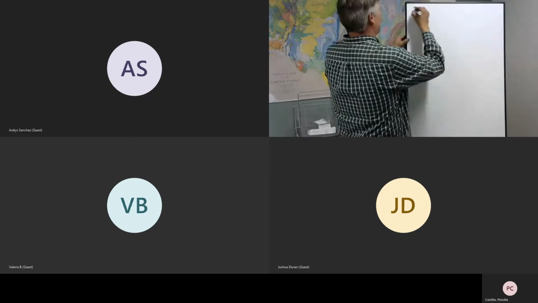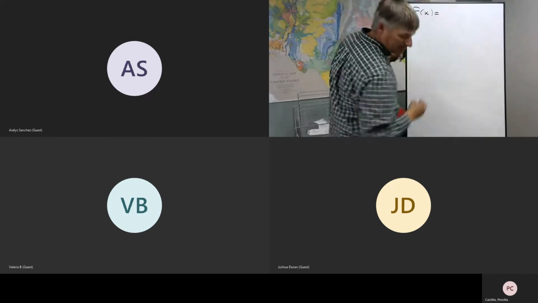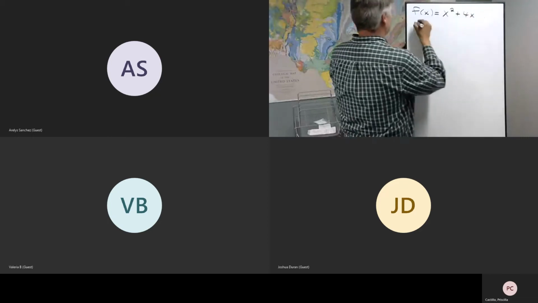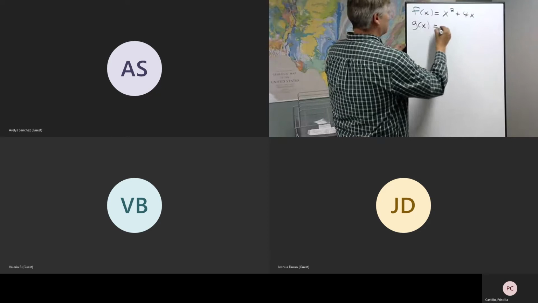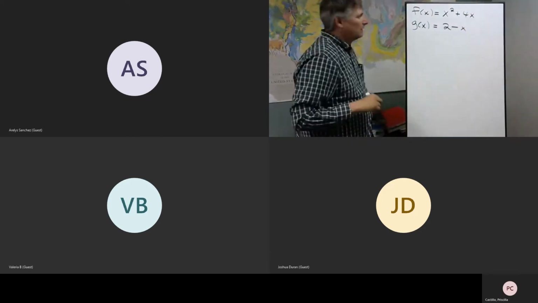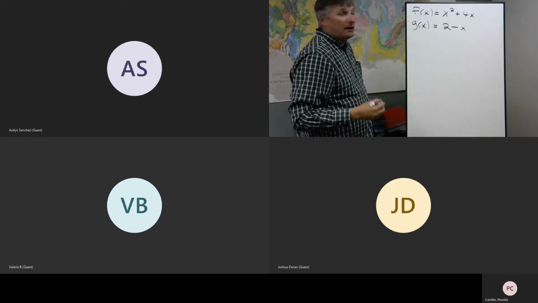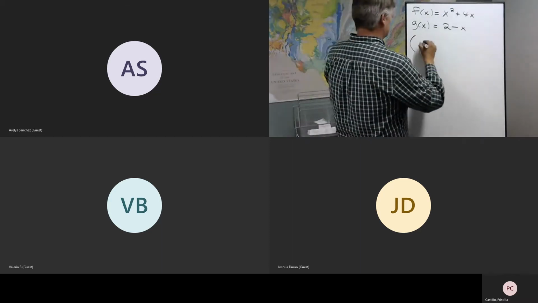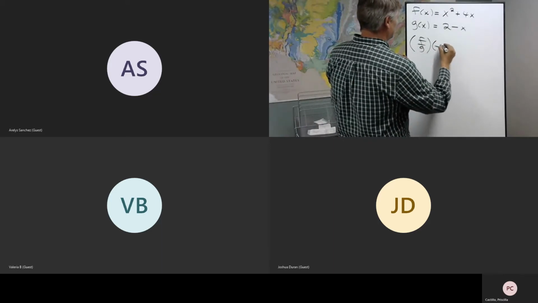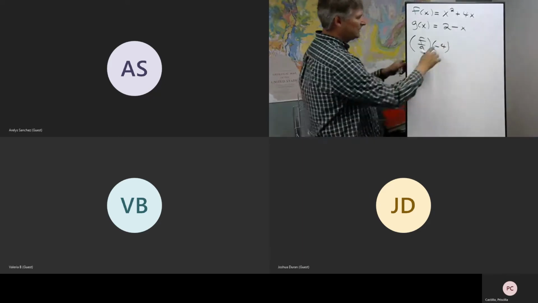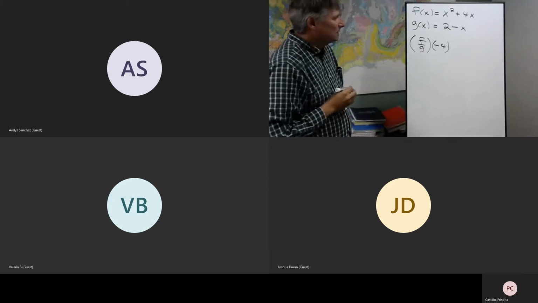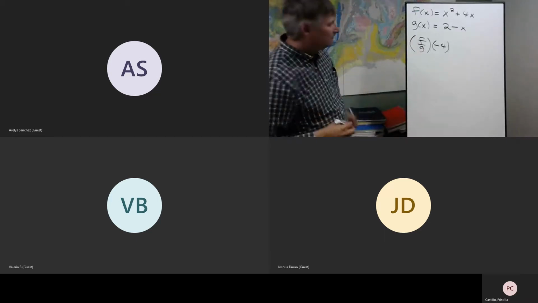So let's say we have this. So let's say we're asked to find this. So we'll just go with -4. We'll stick with it. Well, again, this means divide.